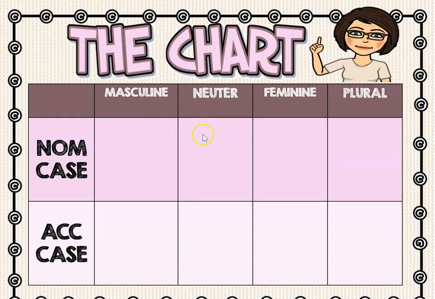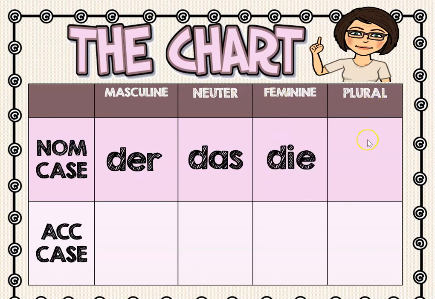There are masculine nouns, there are neuter nouns, there are feminine nouns, and then there are plural nouns. If we use a masculine noun as a subject, its gender is der. If we use a neuter noun as a subject, its gender is das. Feminines, die. Plurals, die. But what happens if we want to use a masculine noun as a direct object?